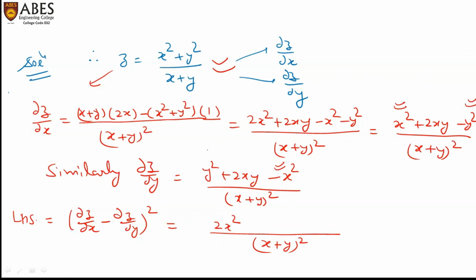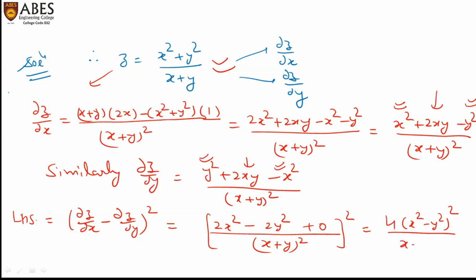Similarly, minus y square and minus y square again, so it will be minus 2y square, and 2xy minus 2xy will cancel out. And so if we take the whole square of this result, we will get 4 (x square minus y square) whole square upon x plus y whole square. Correct.